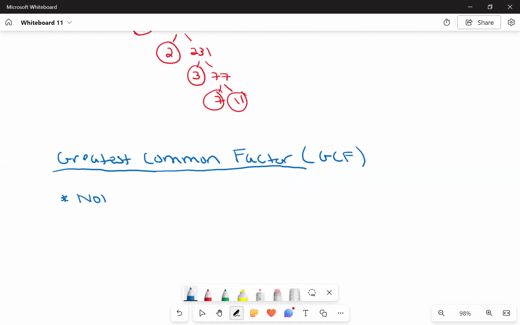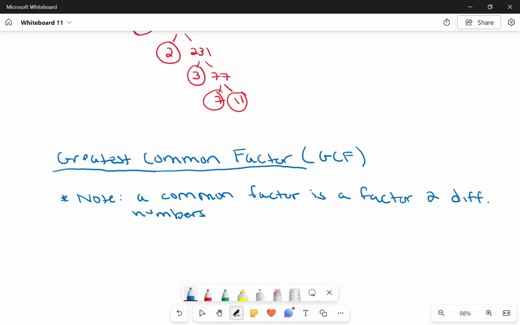So note, a common factor is a factor 2 different numbers have in common.